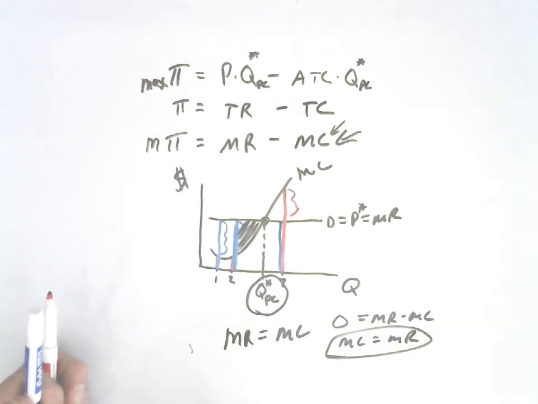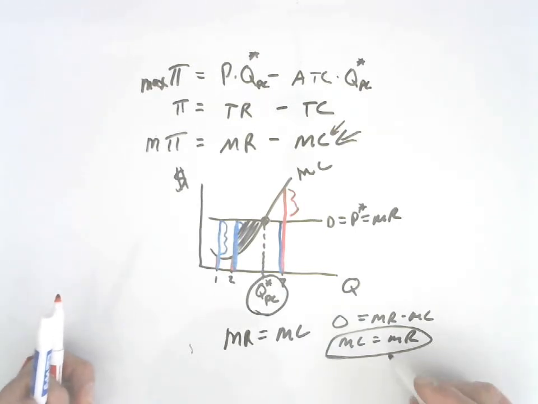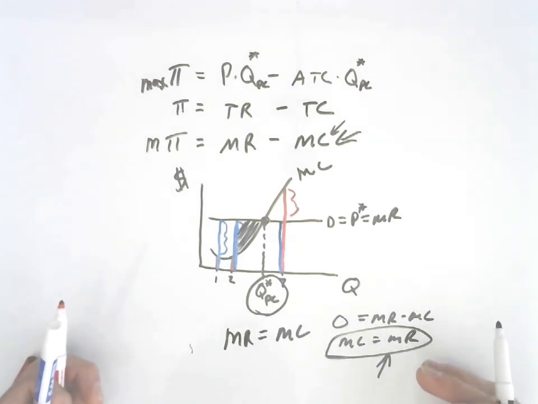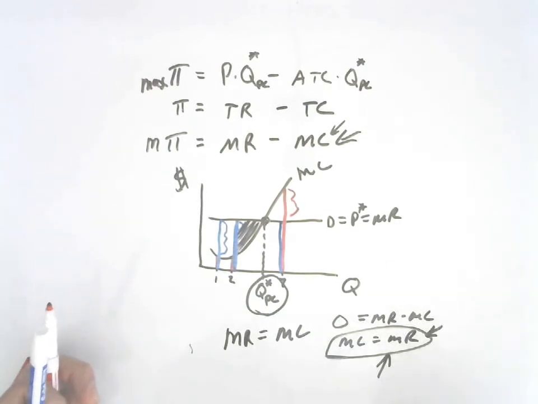And that is the profit maximizing output condition of this firm. What we're going to find is that's the profit maximizing output condition of every firm regardless of industry type. Doesn't matter if they're in a monopoly or monopolistic competition or perfect competition. That is the profit maximizing condition of every firm.